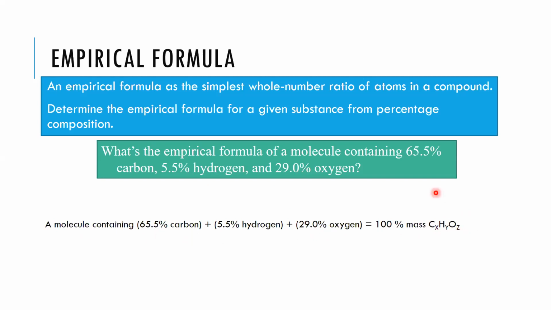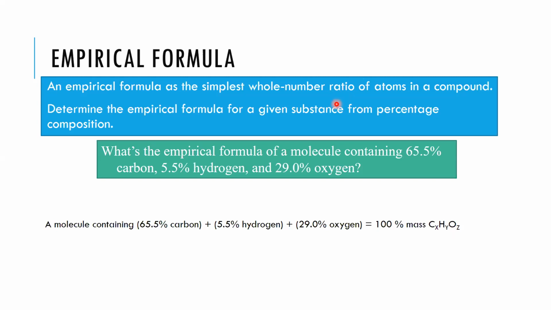And I just said that the simplest whole number ratio, okay, sometimes can be equal to the original formula. There's something called the molecular formula of a compound. It gives you the actual number of atoms of each element. But the empirical formula gives you the simplest whole number ratio between the elements, okay?